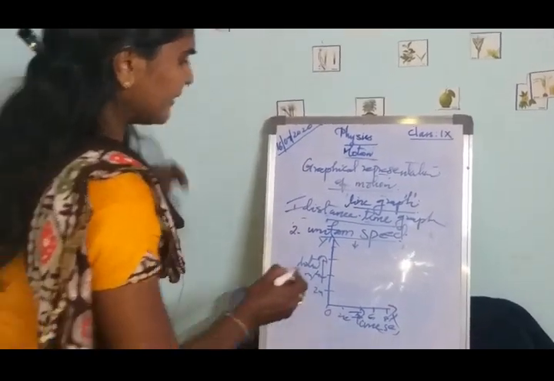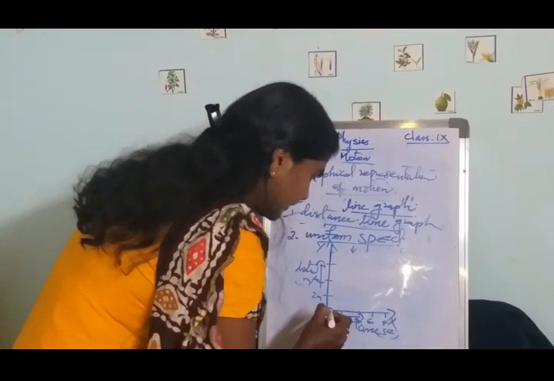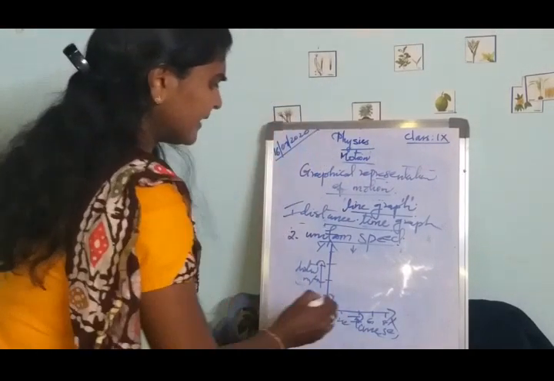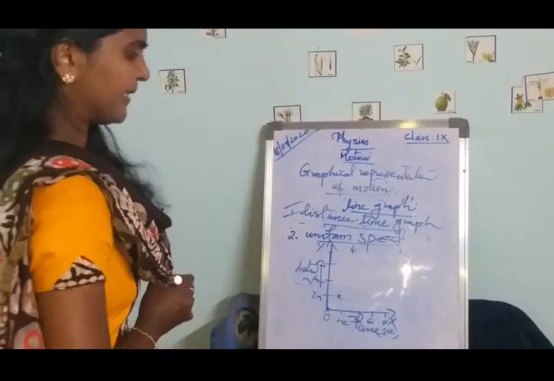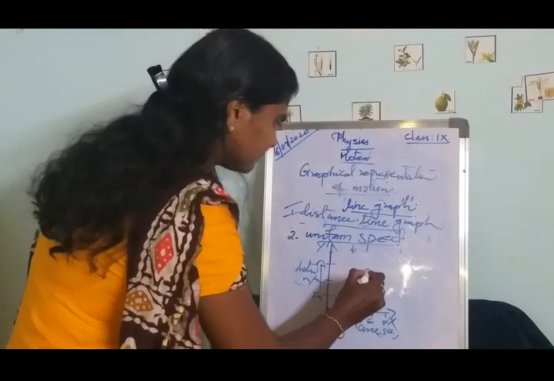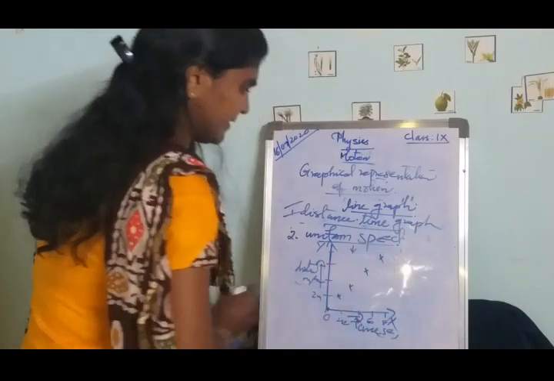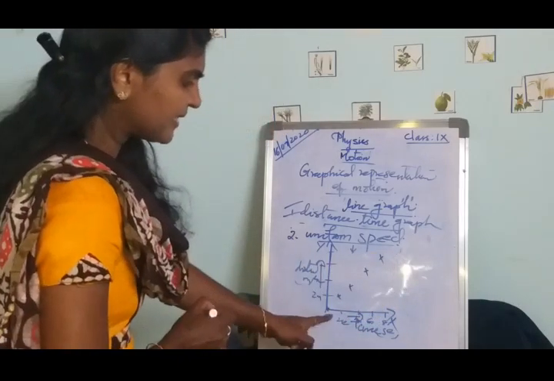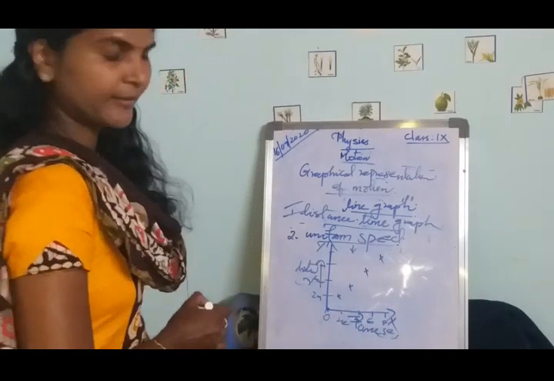At time 0 seconds its position is at the origin. After 2 seconds it is at 2 meters, after 4 seconds 4 meters, then at 6 seconds it moves to 6 meters, then 8 meters, because the object covers a distance of 2 meters for every 2 seconds.